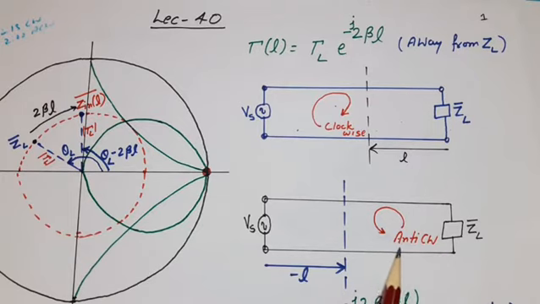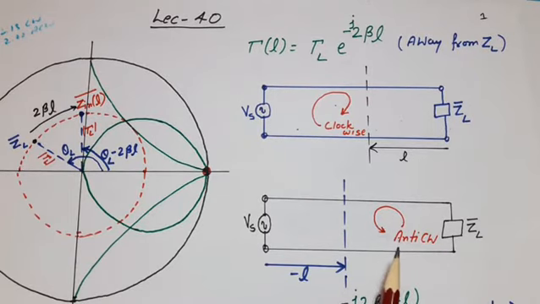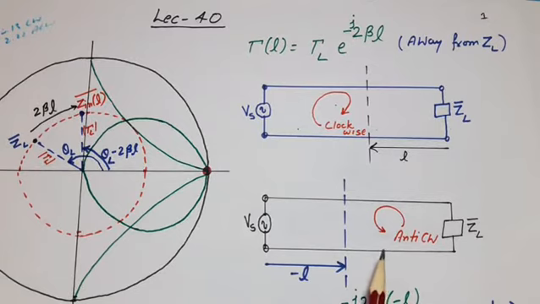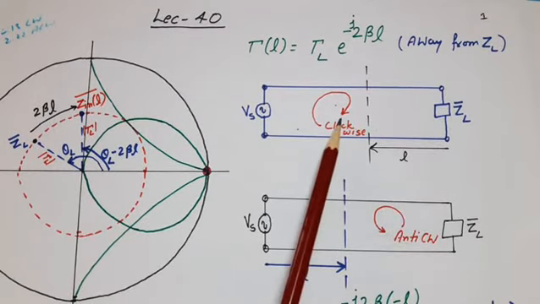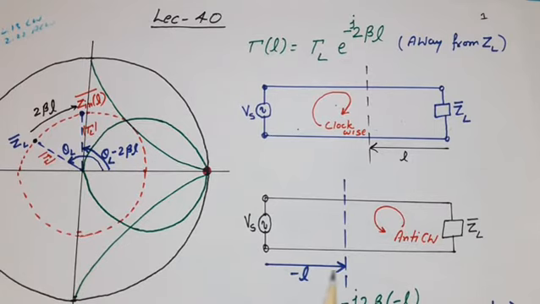So we should always remember, movement on the transmission line away from the load is equivalent to clockwise rotation in the Smith chart, and movement towards the load is equivalent to an anti-clockwise rotation.